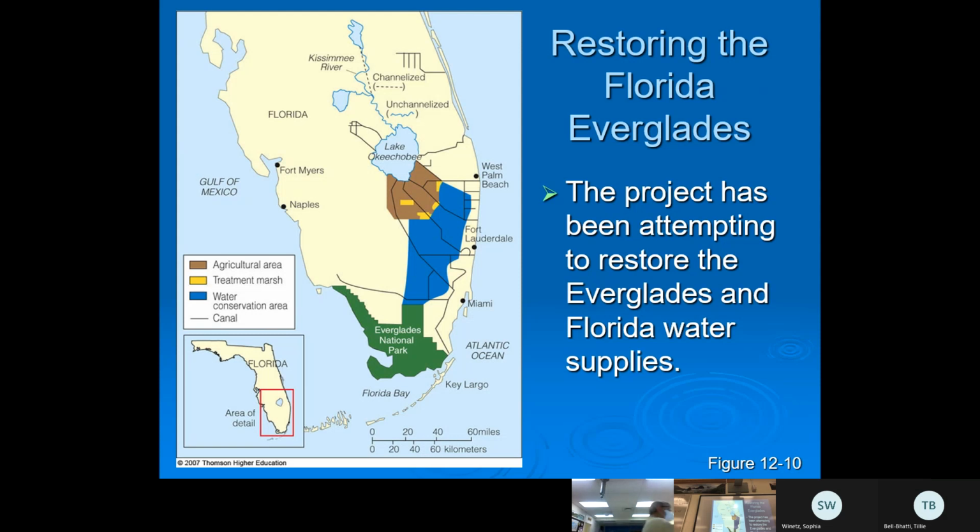So here's the national park at the tip of Florida, the Everglades National Park. And then we have a water conservation area, and we have agriculture. So the agriculture is probably releasing fertilizers and pesticides that would be harmful to the park, but it is getting absorbed along the way.